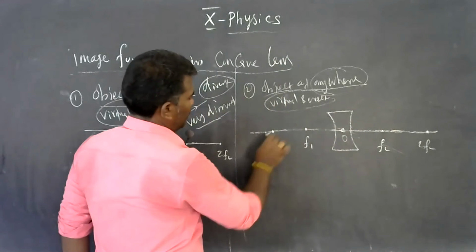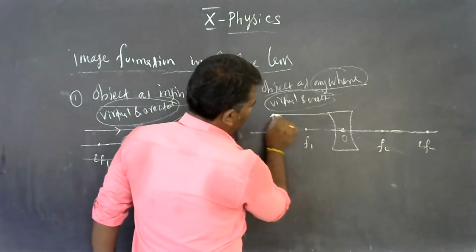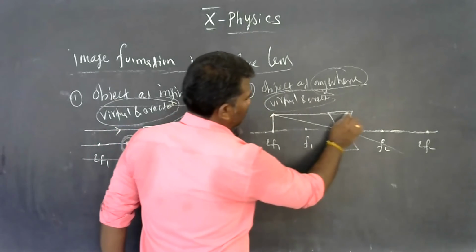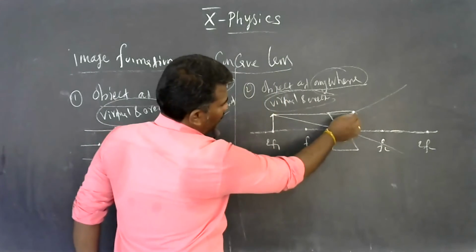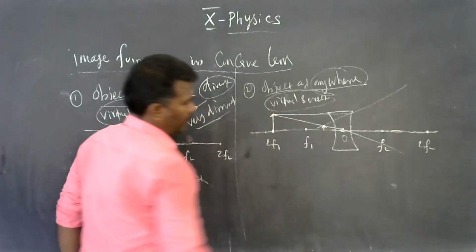If I am placing the object at 2F1, two rays are parallel and another one is passing through, so these rays diverge. If you extend this diverging ray, here the image will be formed.